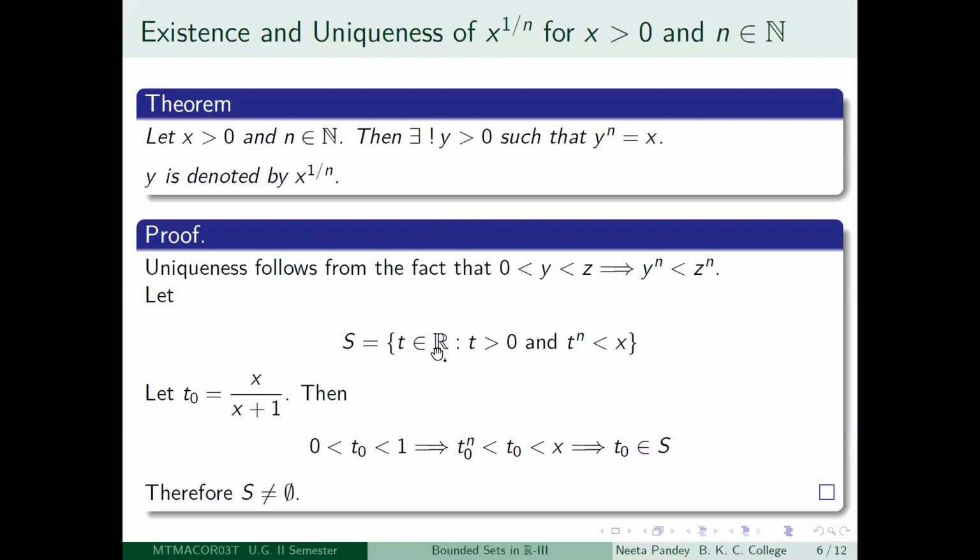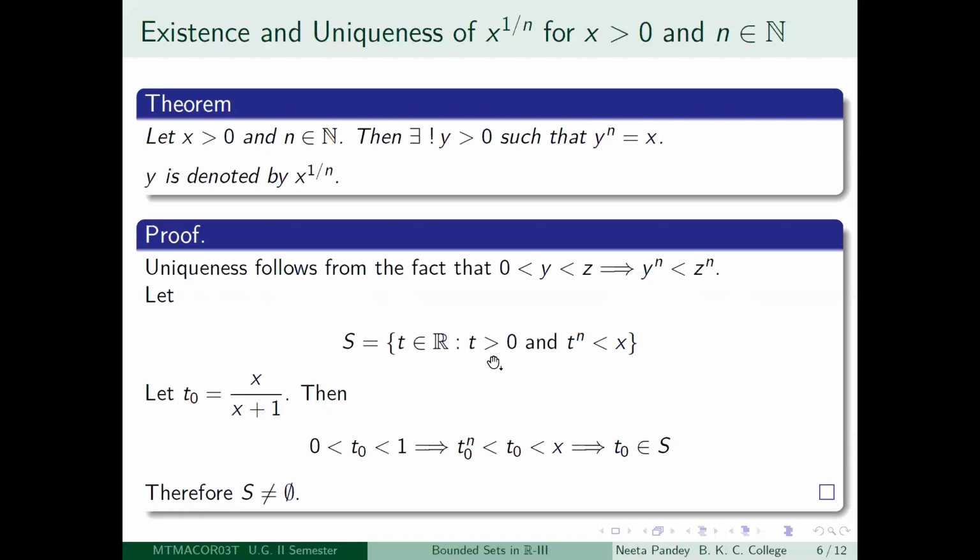So you just get the philosophy of the result, and that is hidden here. Everything else is just an elaboration of that philosophy. When you look at the numbers y to the power n, as you keep increasing y, y to the power n will keep on increasing.